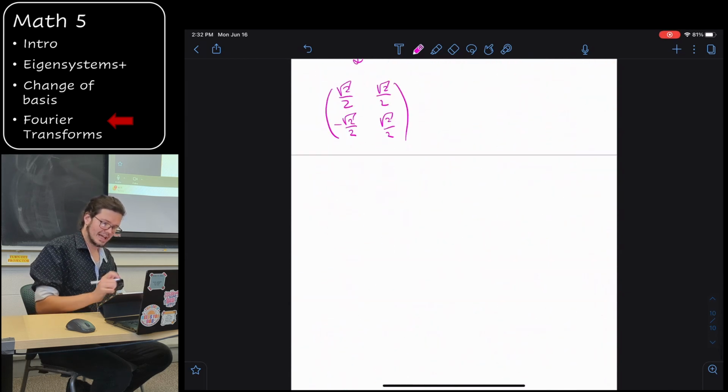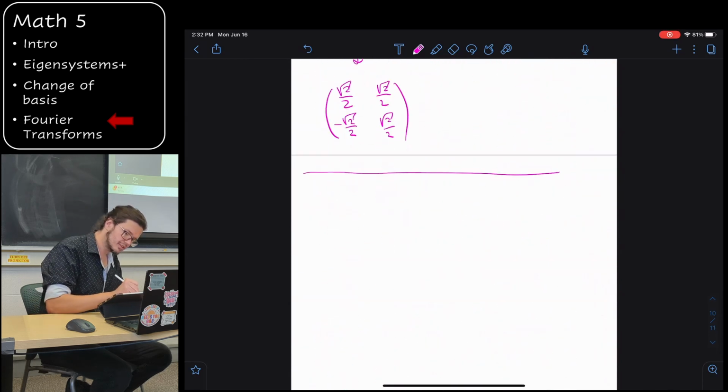So what I want to talk about now is Fourier transforms and representations.